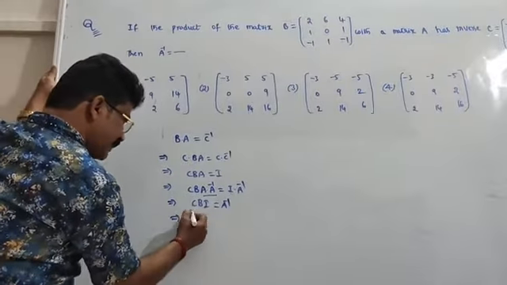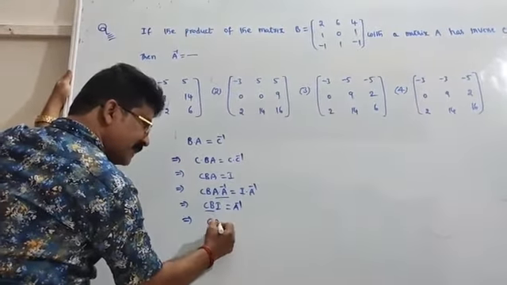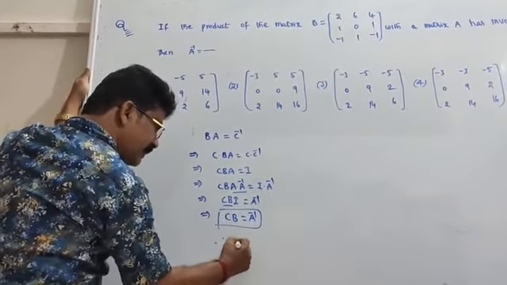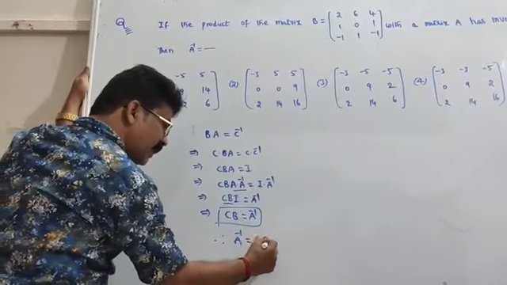So CB into I, CB, is equal to A inverse. Therefore, A inverse is nothing but C into capital B.